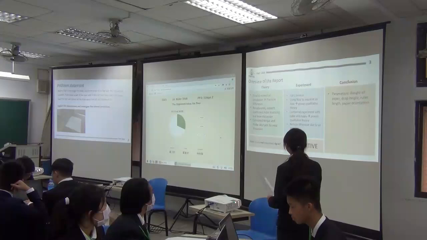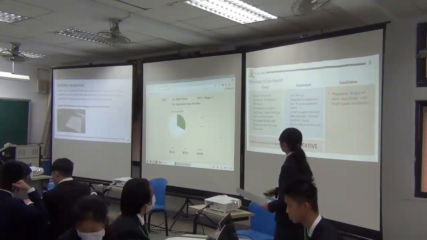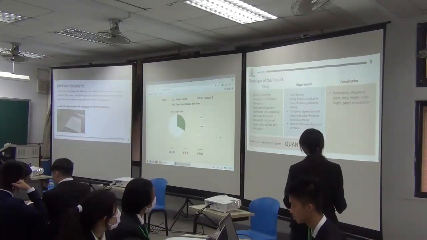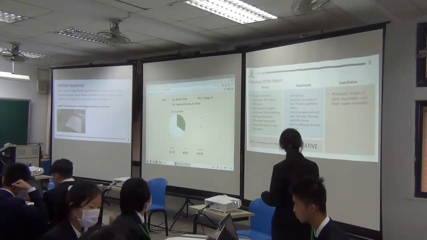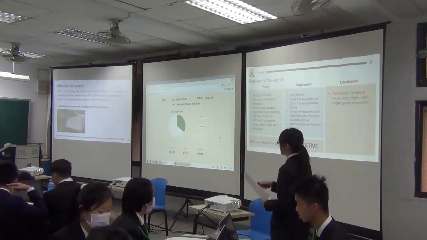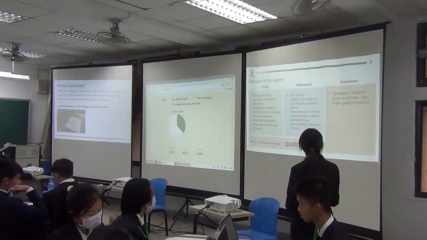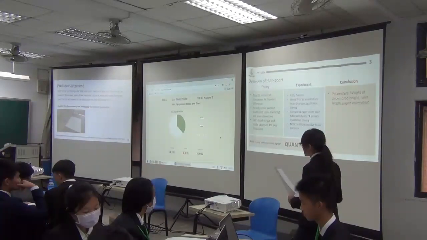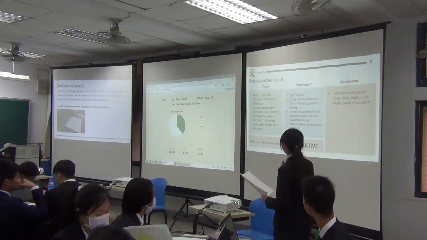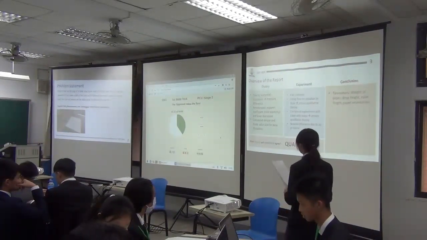And they noticed the difference due to air pressure. Okay, so for the conclusion, the reporter says the parameters that affect the result of the experiment are the weight of the paper, the drop height, the ruler length, and the paper orientation. And so the theory and the experiment agree quantitatively.